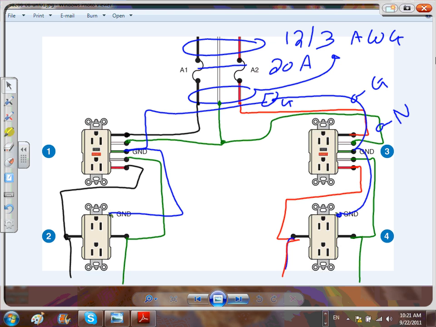If you guys look at 406, a few things change in the code. If you look at 406.4(D), replacement, D4. It says arc fault circuit interrupter protection. In the 2011 code, if you replace a receptacle in an area that needs arc fault circuit interrupter protection, you have to replace it with an arc fault circuit interrupter receptacle.